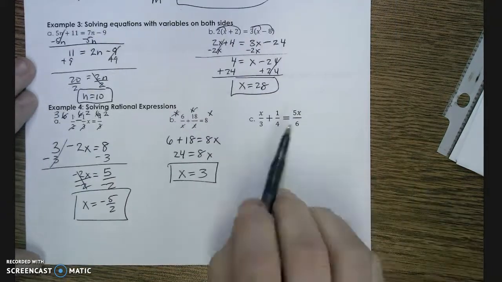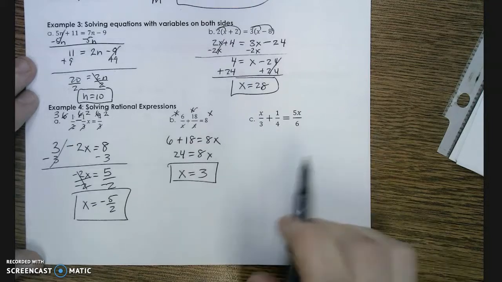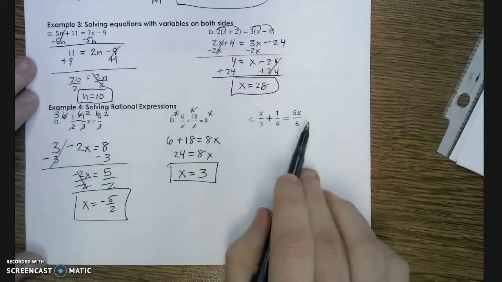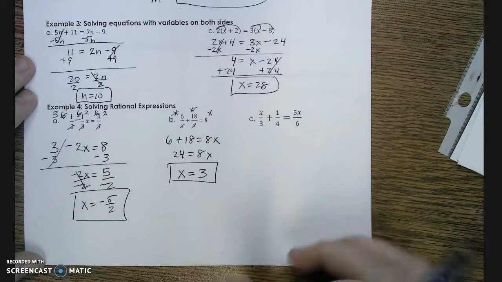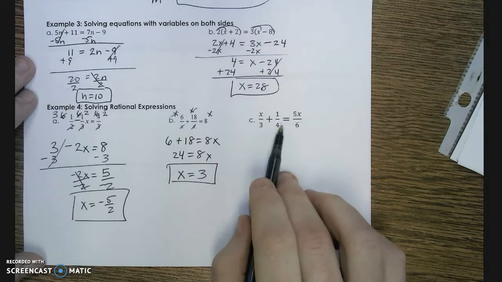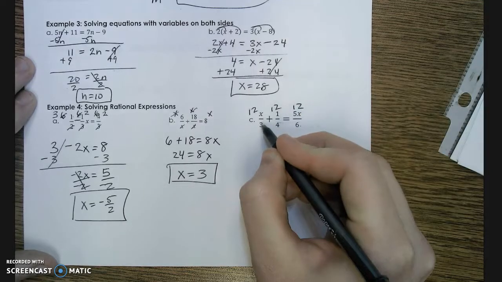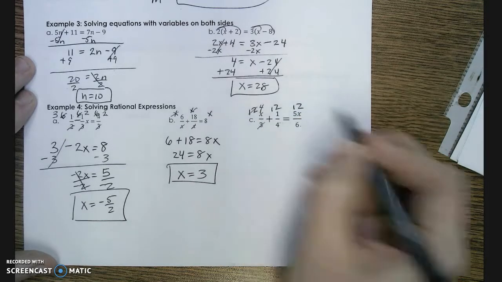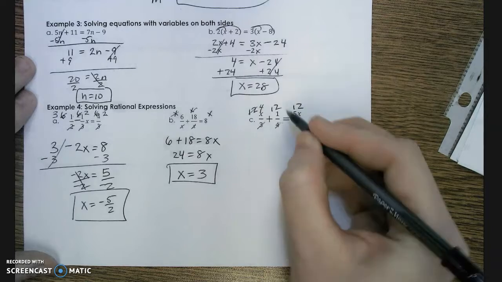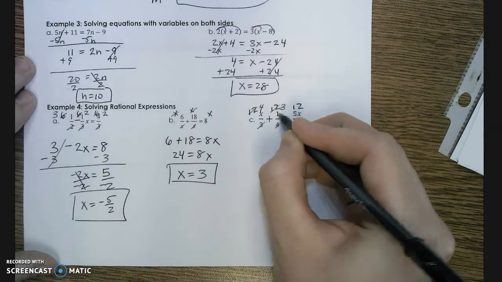On C, we want to find the least common multiple for 3, 4, and 6. So if you multiply everything by 12, 3, 4, and 6 all go into 12. Then if I reduce the 3, that would leave a 4 with the x. If I reduce the 4 and the 12, that leaves a 3 with the 1.